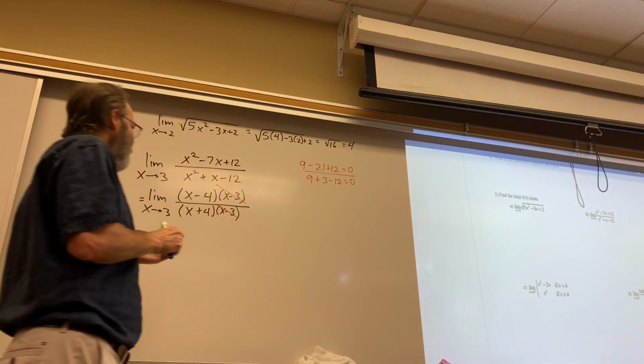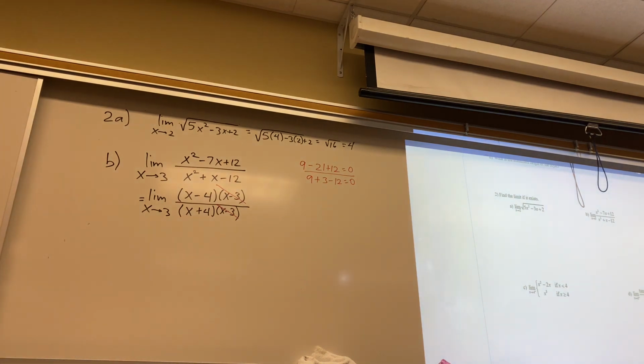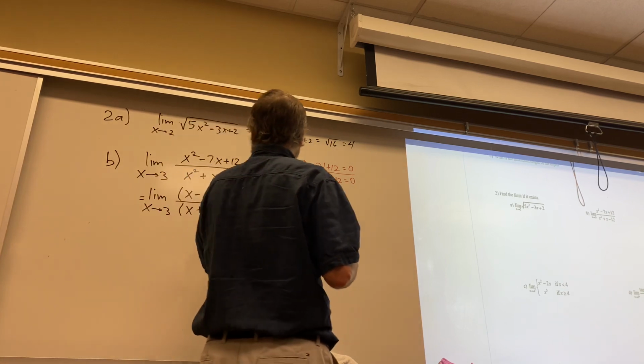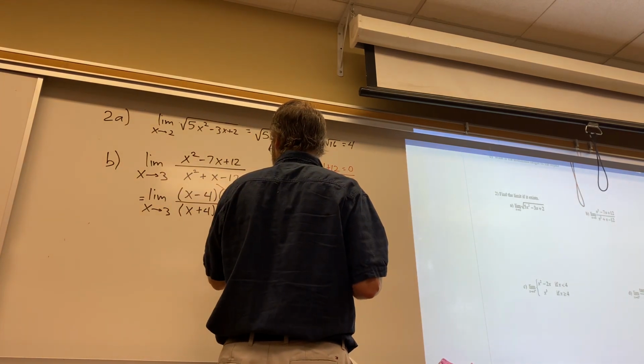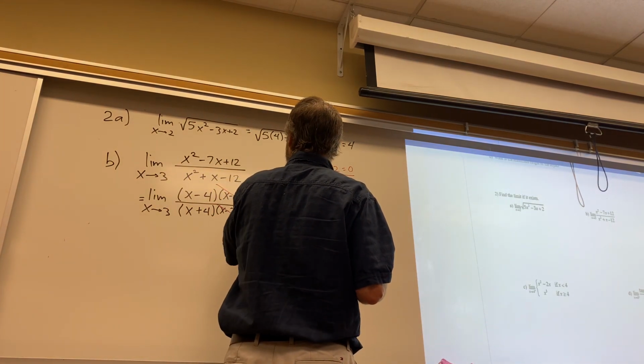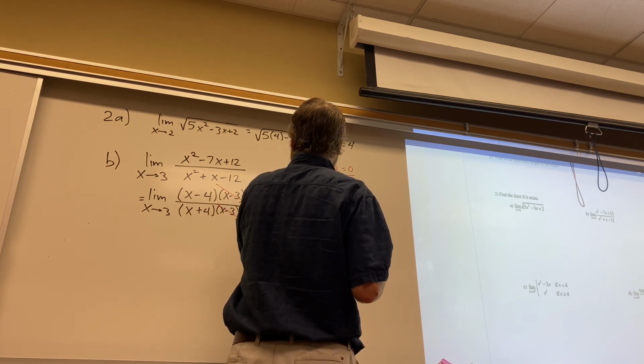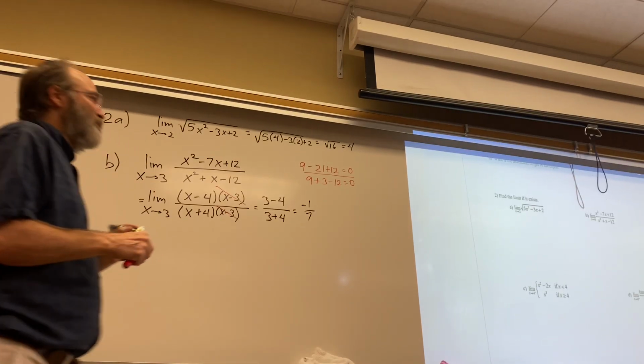Those cancel. Now what do we do? Plug in the value. So we're going to get 3 minus 4 over 3 plus 4. Negative 1 seventh.